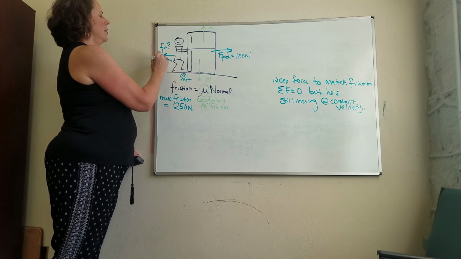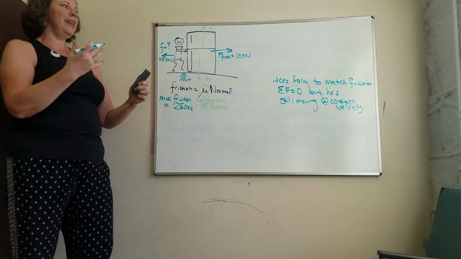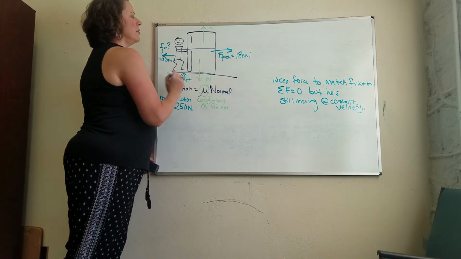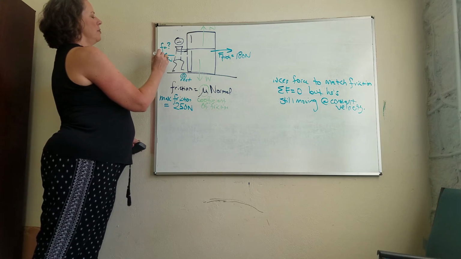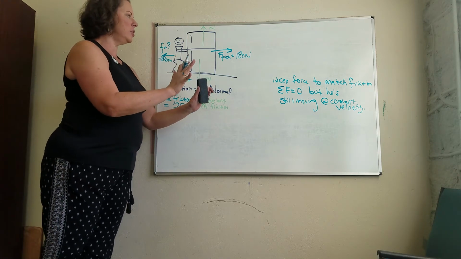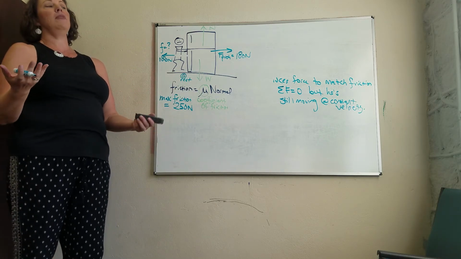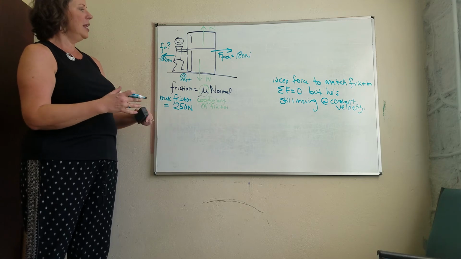It's going to be 100. So it's like a mirror image. And then if I push with 180 newtons, my friction is going to be 180 newtons. So the more I push, the more the friction acts back against me. That's why it's hard to get things moving, especially really heavy things.